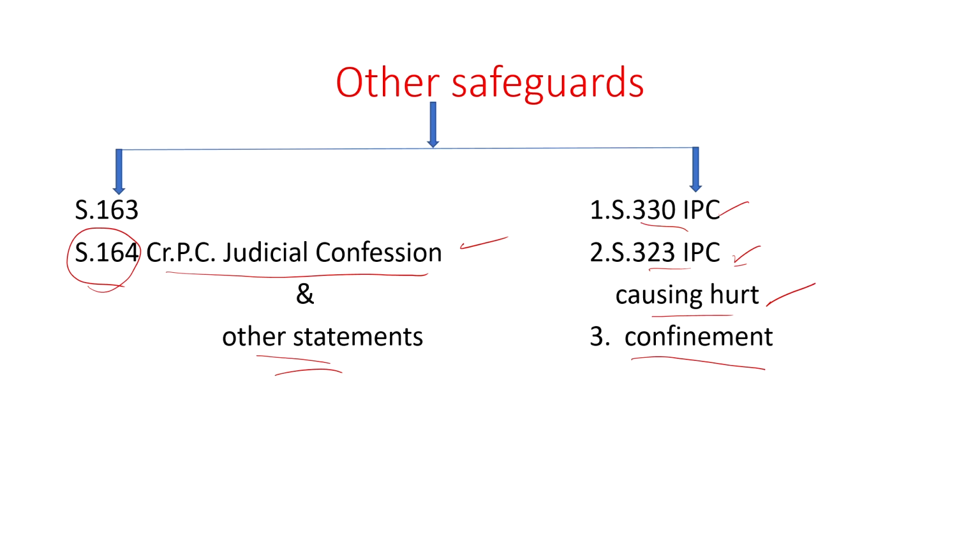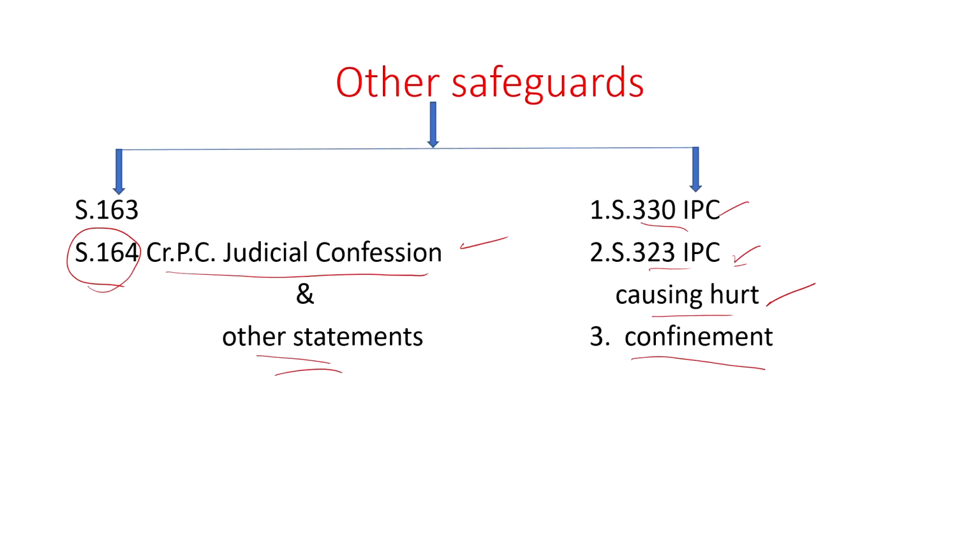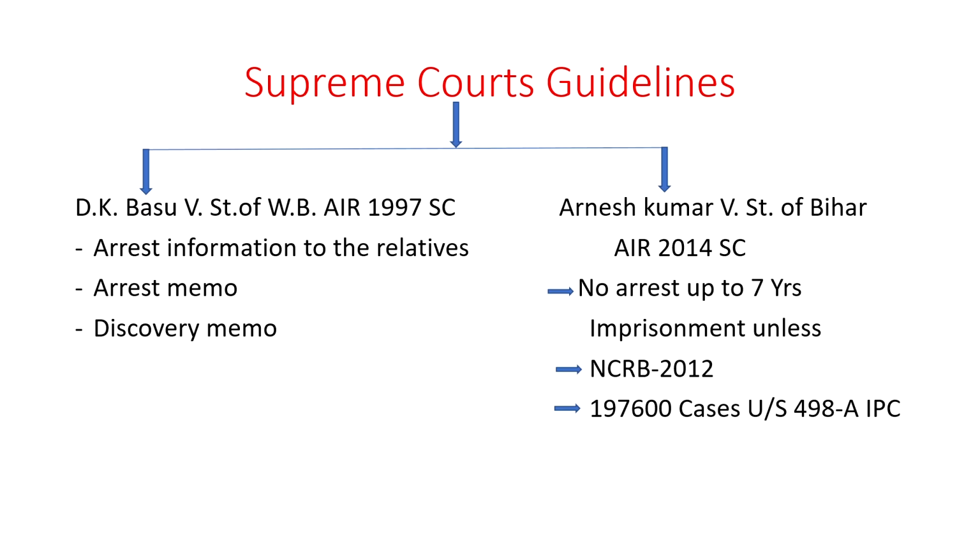It would create a problem for the police officer or investigating officer who wrongfully confines any accused. It would be problematic not for the accused but for the police officer. So, now let us discuss one by one how 164 is important.